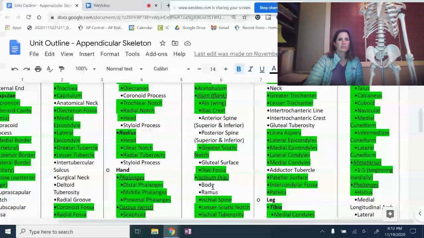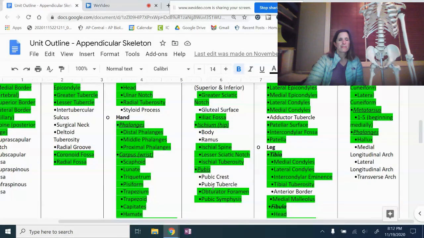Then I'm going to scroll, and you should be highlighting the greater sciatic notch, the iliac fossa, the ischium, the ischial spine, the lesser sciatic notch, the ischial tuberosity, and then onto the pubis, which is the 3rd bone, the obturator foramen, and the pubic symphysis.